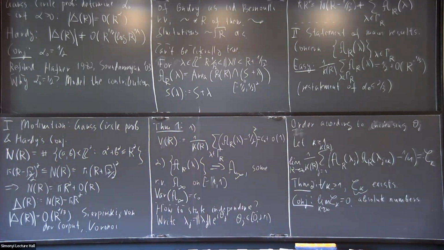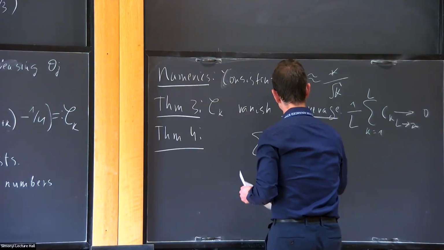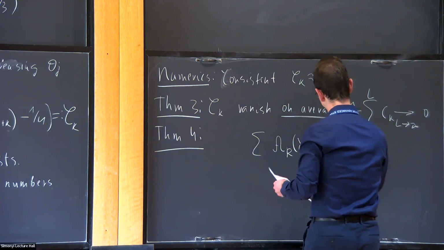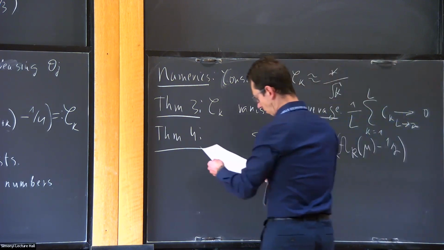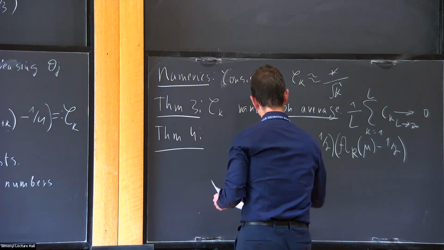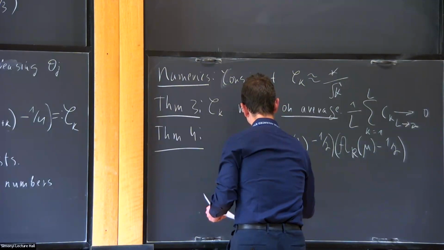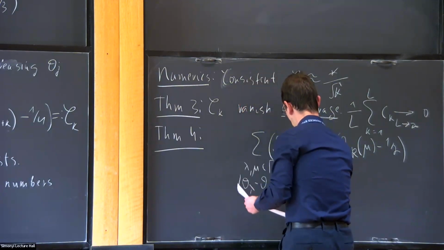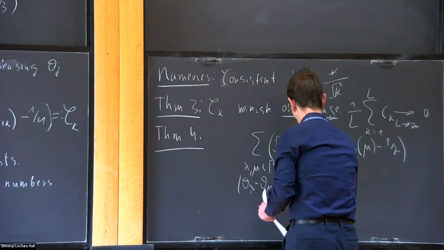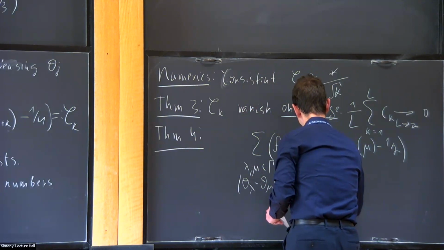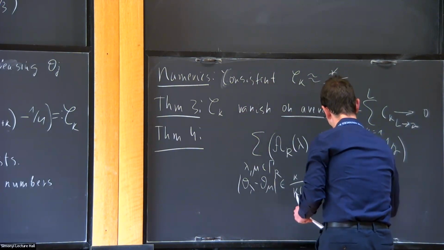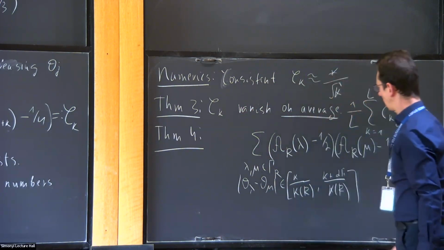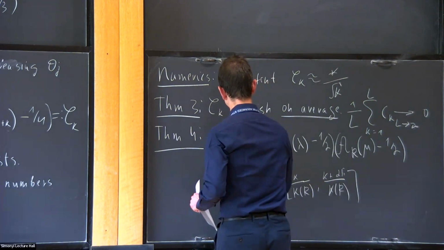So we are going to consider a similar sum of lambda minus 1/2 times mu minus 1/2, over tuples lambda, mu in the lattice of radius r, such that the corresponding angle lies in an interval of size 1 over K of r, between k and k plus 2 pi, divided by K of r. Now we divide by 1 over K of r.